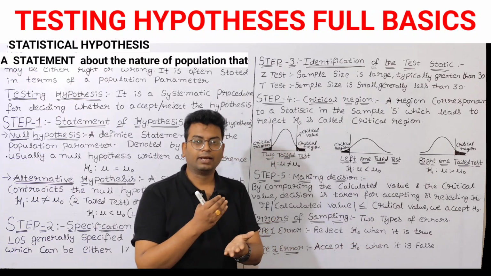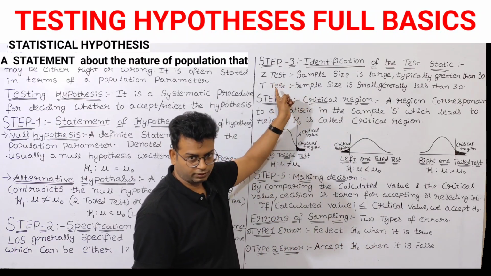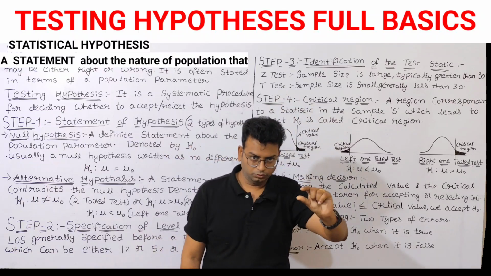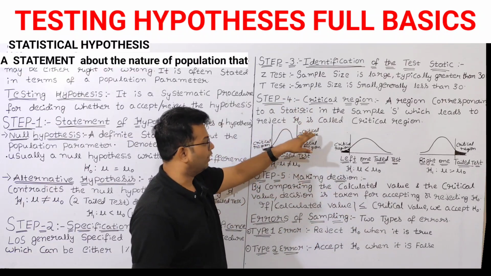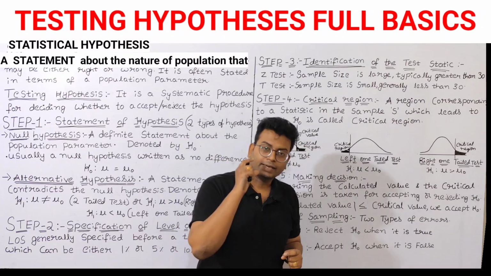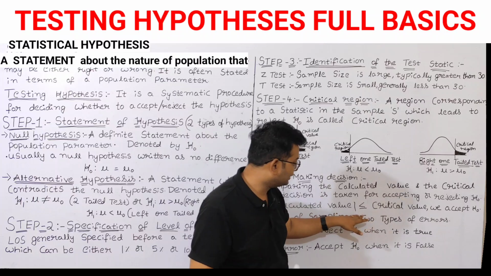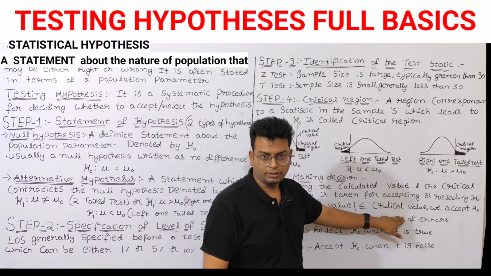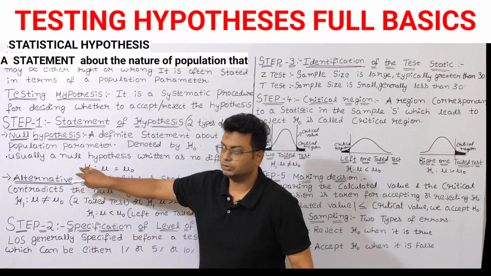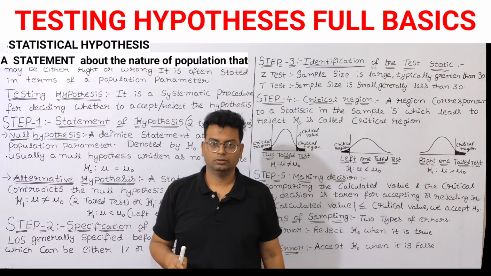And last, making the decision. Whatever the calculated value is, with the help of the formula we have taken, either Z or T test, that value and the critical or tabular value should be compared. If the calculated value is less than or equal to the critical value, then we accept the null hypothesis, meaning we accept the condition given in the question.